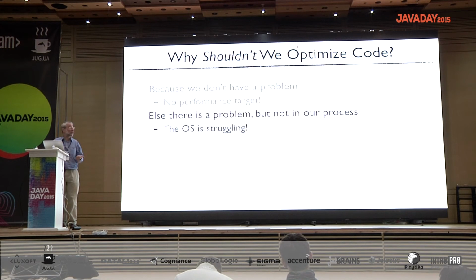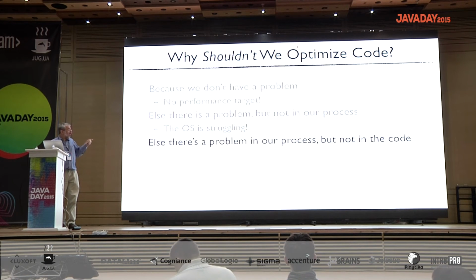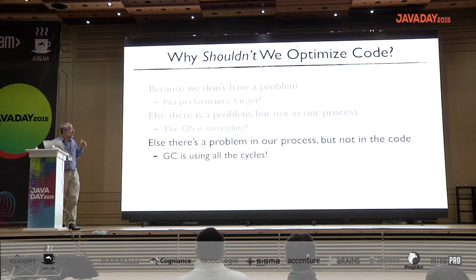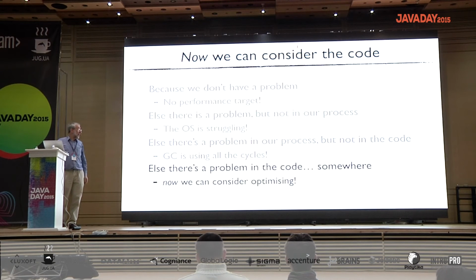I've checked that the problem was in our process. I've checked that it's in the VM, and assuming that it's not garbage collection, finally I can take a look at whether it's not GC that's using all the cycles. Now I can consider optimizing.